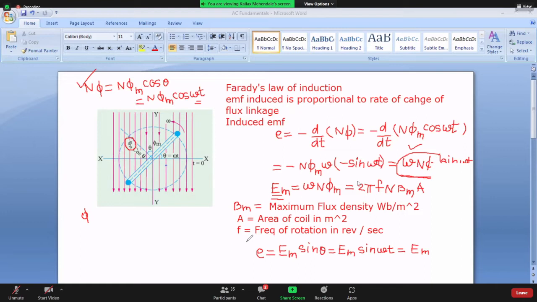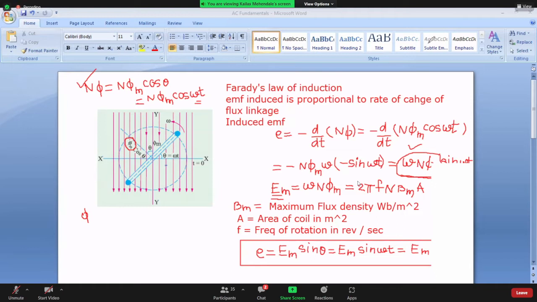Is this clear? Is the derivation clear? Yes, please go ahead. Sir, above we have written Em equals 2 pi f and BmA.